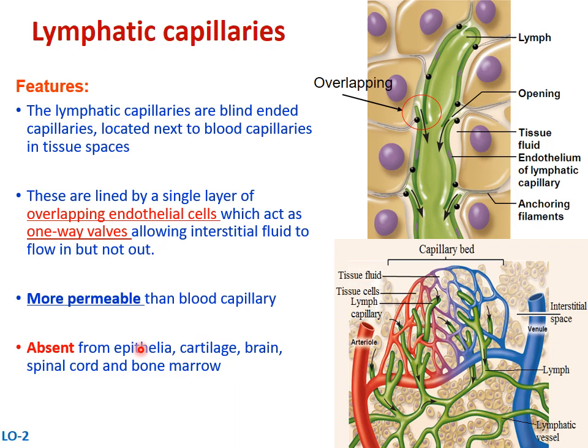In the cartilages, epithelium, brain, spinal cord and bone marrow, you will not find lymphatic vessels. That's why these structures are very dangerous if any fluid accumulates inside, because there is no way to get it out. So this is very important.